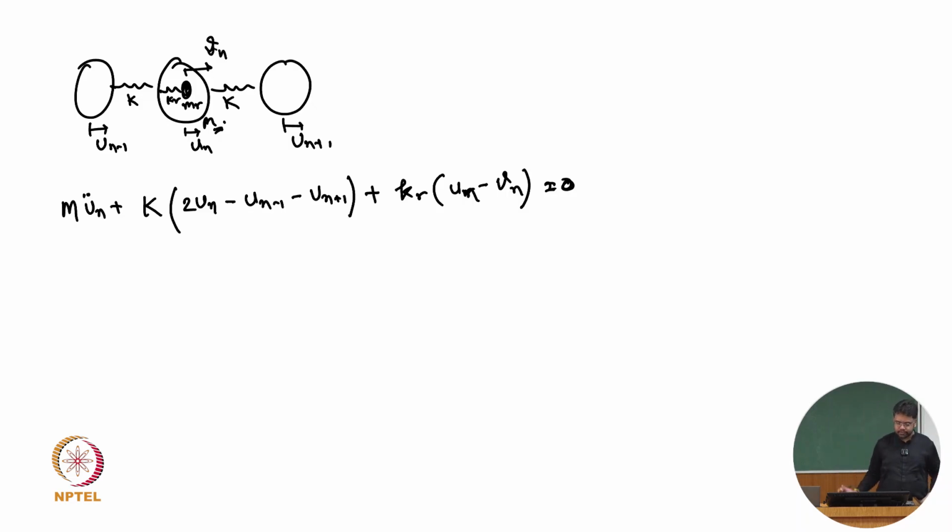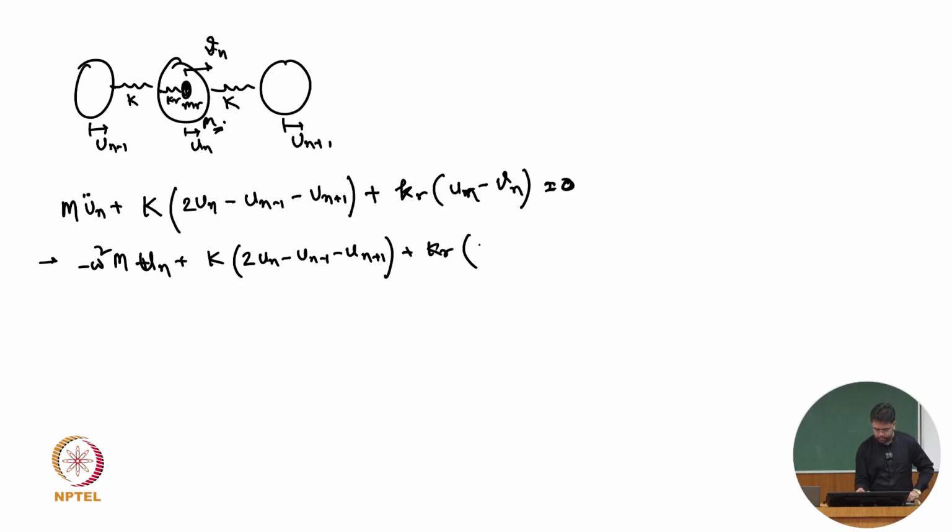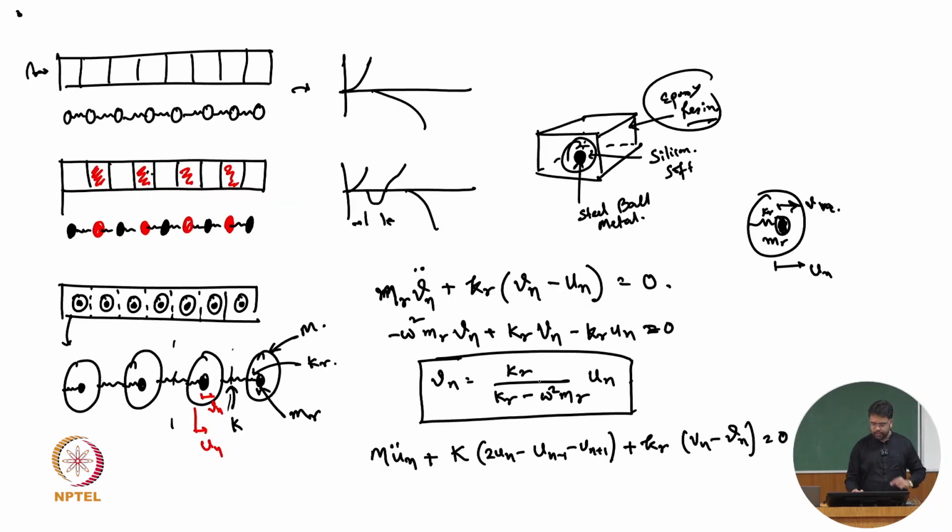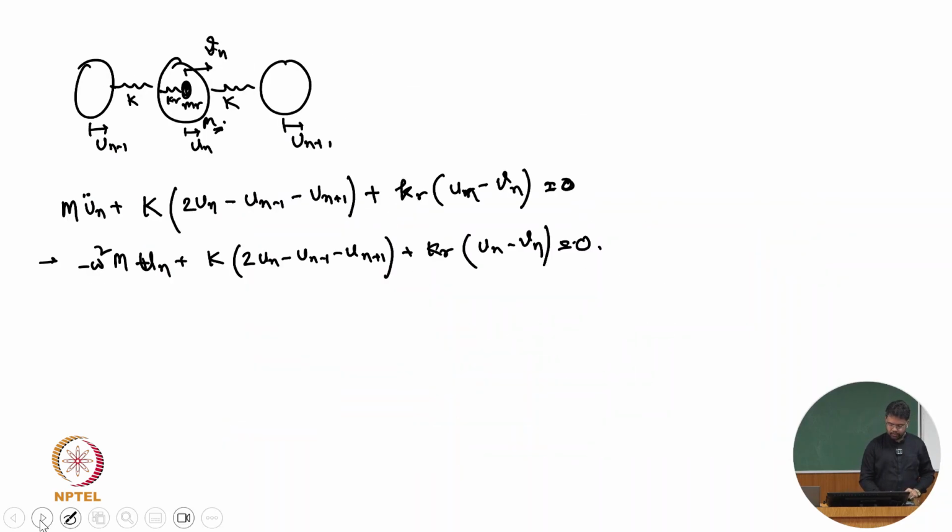Okay, agreed? So if I write it in the frequency domain, just doing the Laplace transform, I can get this into u_n plus... Now recall the equation v_n equal to k_r divided by (k_r minus omega square m_r) into u_n.